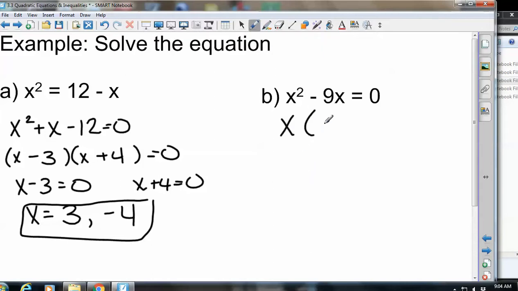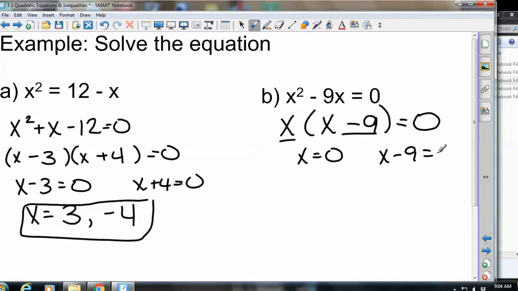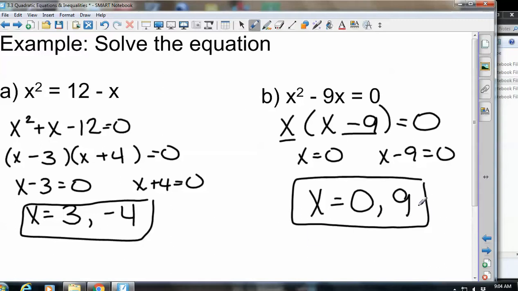Take out an x. Greatest common factor is always our first step for factoring. So then you just set each one to 0. So either x equals 0 or x minus 9 equals 0. So the 2 answers we get are 0 and 9.